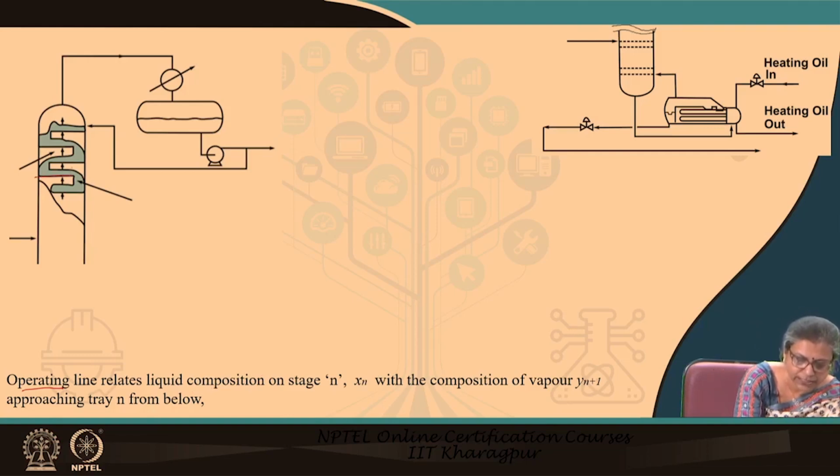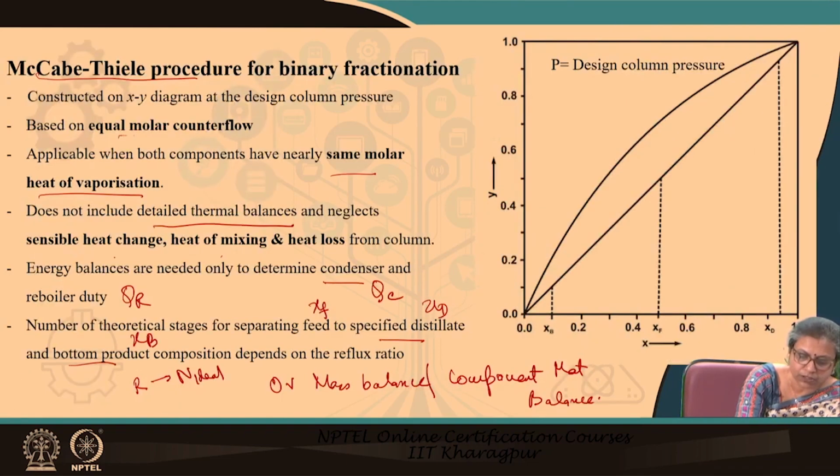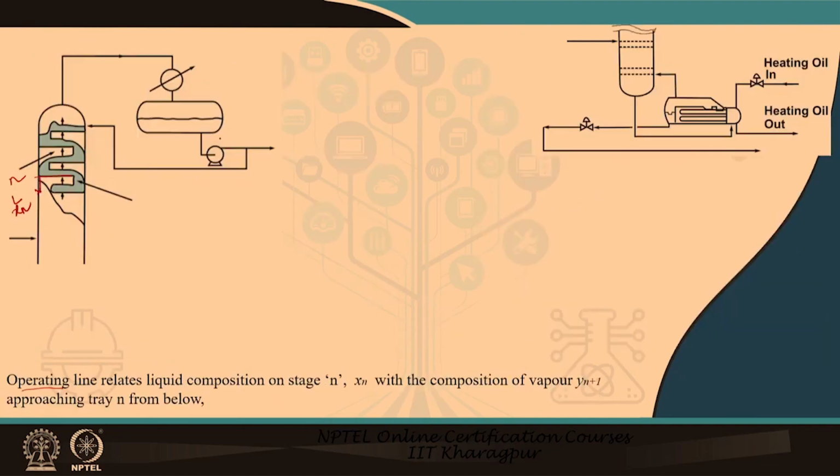So, suppose we take this as the nth stage. In this particular nth stage, what happens? The liquid which falls down is designated as L and Xn. Now, let me tell you, since we assume equal molar counter flow, for a saturated liquid feed, the liquid molar flow rate in the enrichment section of the column is equal.